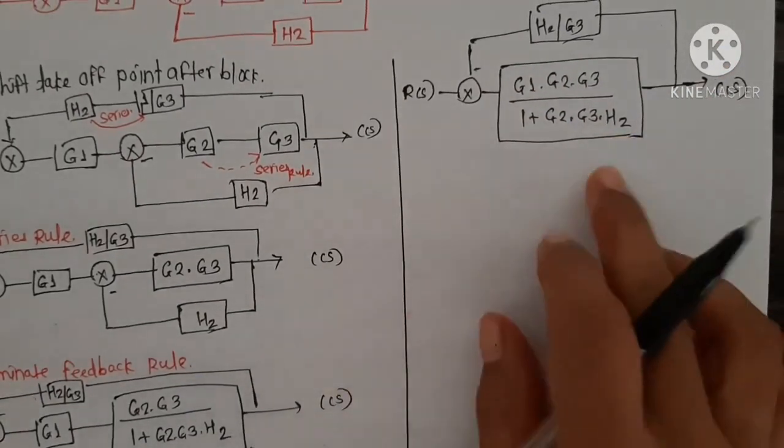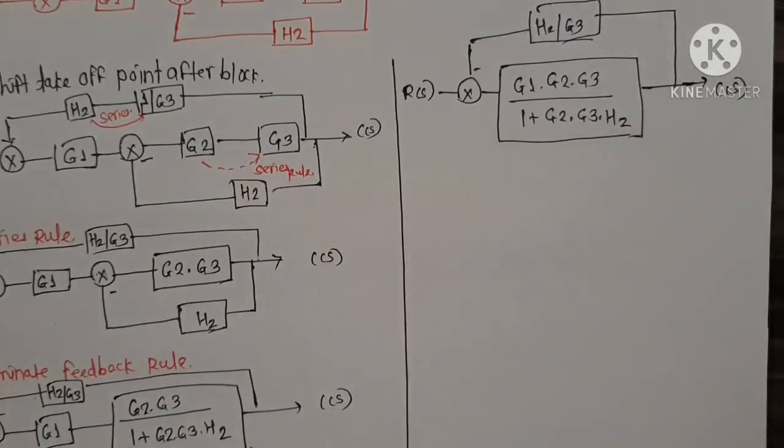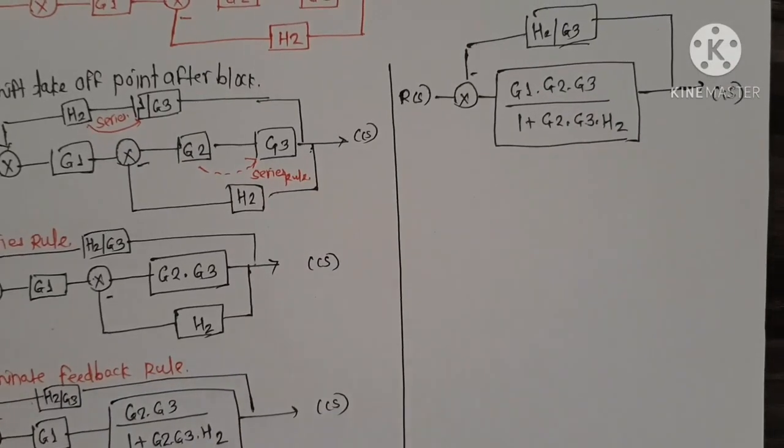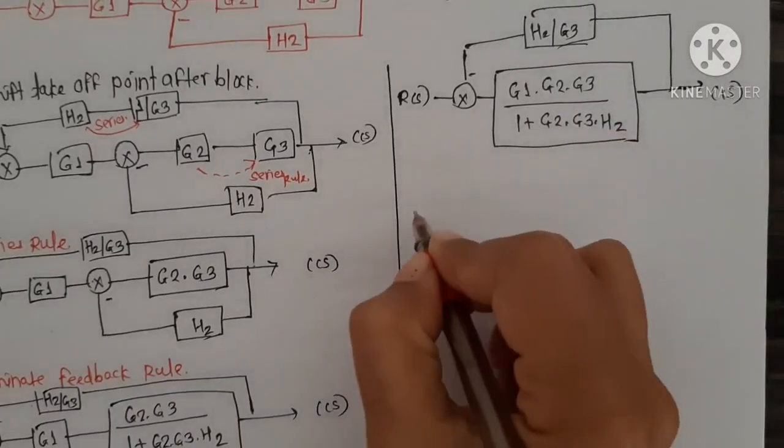After applying the series rule, we get another closed loop. To get our final answer, we have to apply the eliminate feedback rule.